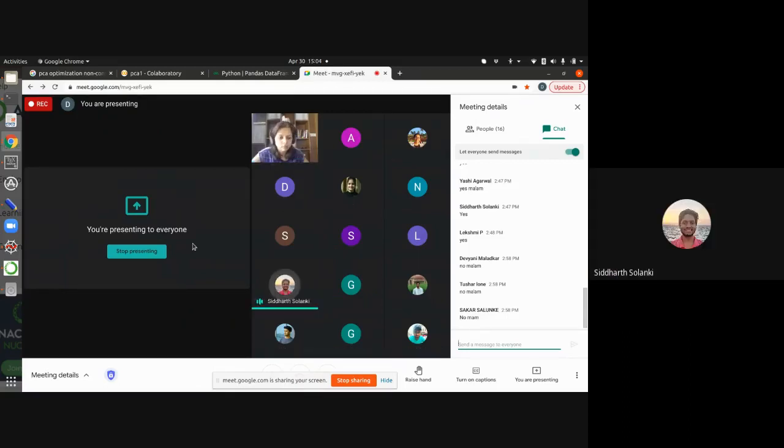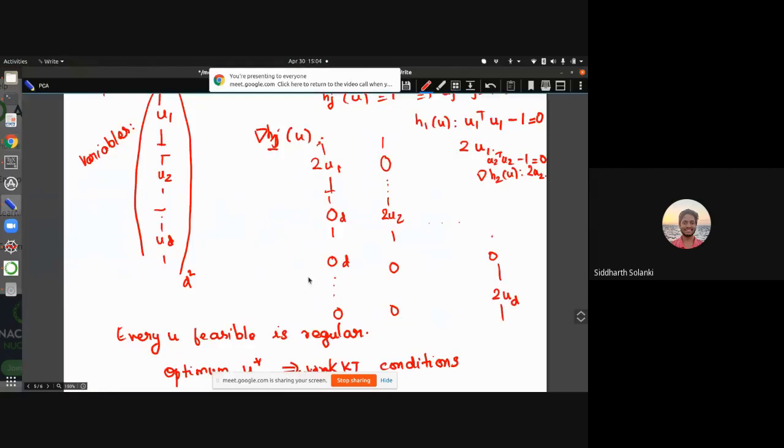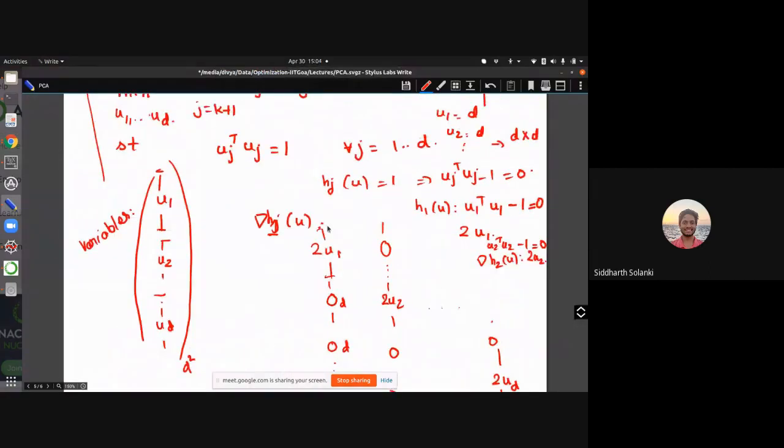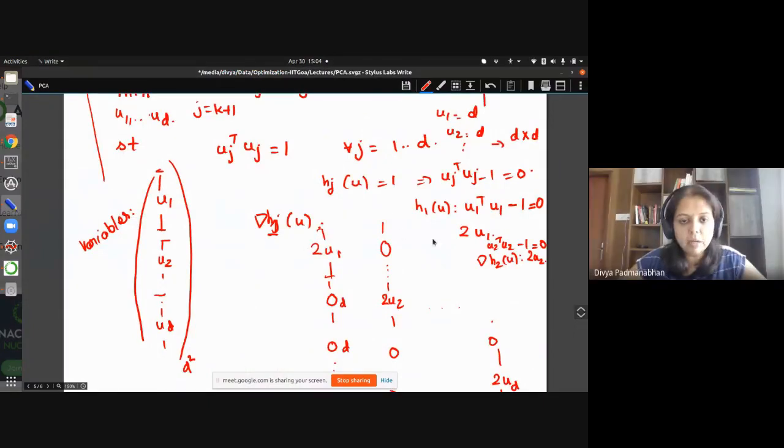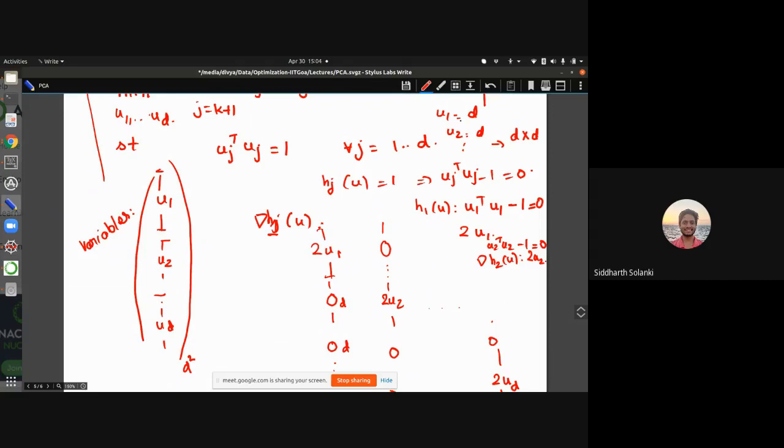Ma'am, you said that the variables are the ones inside the vectors, so every component of each vector is a variable. Every component of u1 is a variable, right? So when we take the gradient, with respect to what are we taking the gradient?